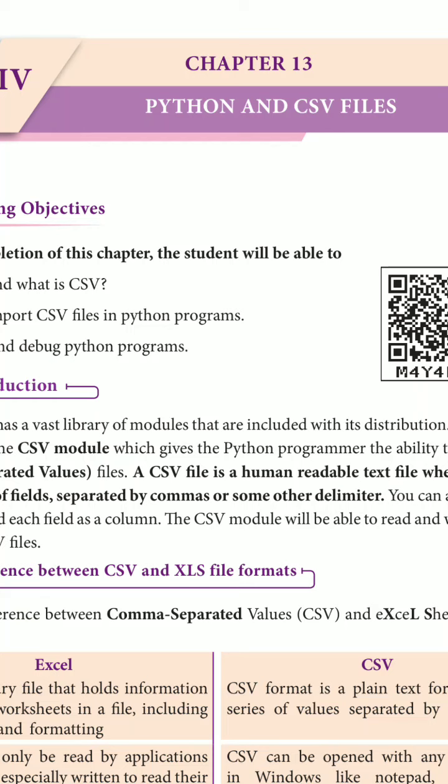But CSV can be opened with any text editor in Windows like Notepad, MS Excel, OpenOffice, etc. So an Excel file can only be opened by using the MS Excel application, and if you want to write data into it, then you have to use the same application. But the CSV file can be opened in any application, and you can edit it in any application, or you can insert data in any application.